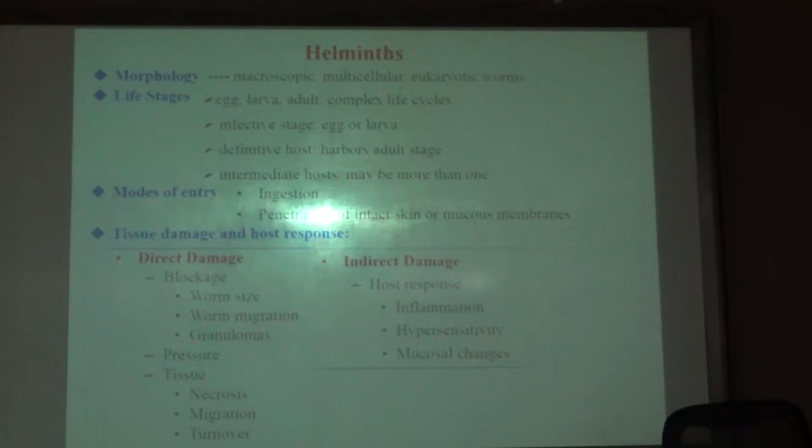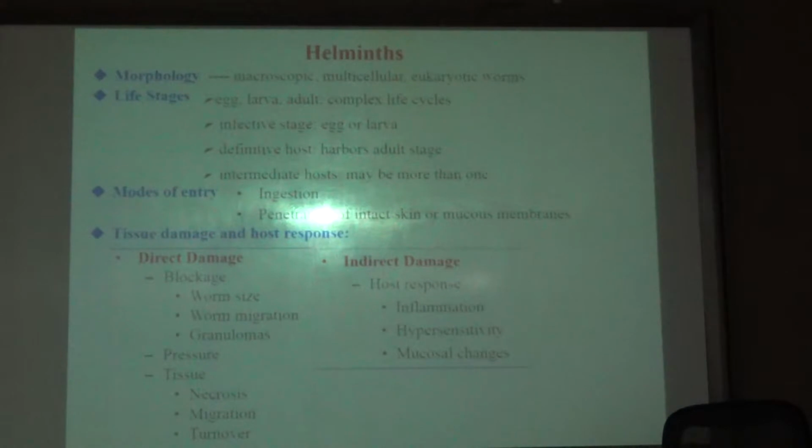Intermediate hosts may be there, may not be there, maybe more than one, maybe more than two. It depends on individual organism. Modes of entry, mostly ingestion. In some cases, penetration of skin or mucous membrane. How they cause damage? They can cause formation of granulomas inside the organs, as we will discuss in some organisms.